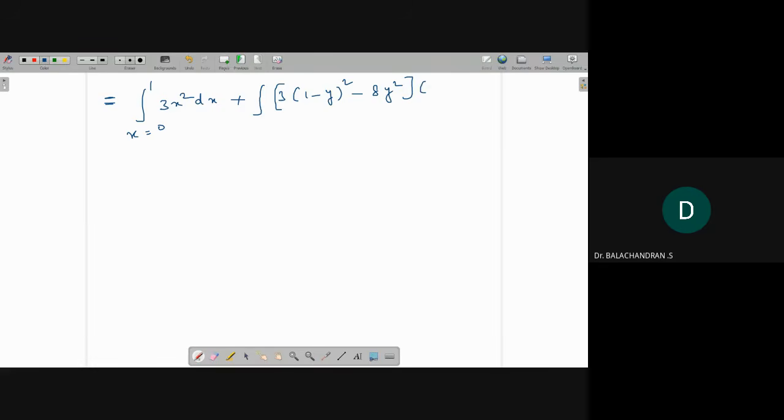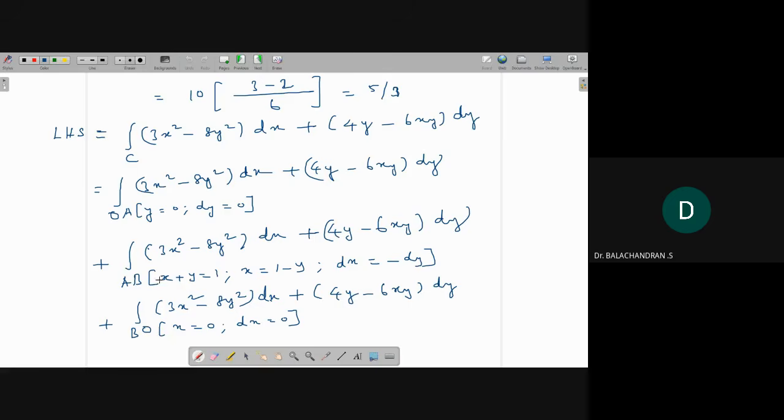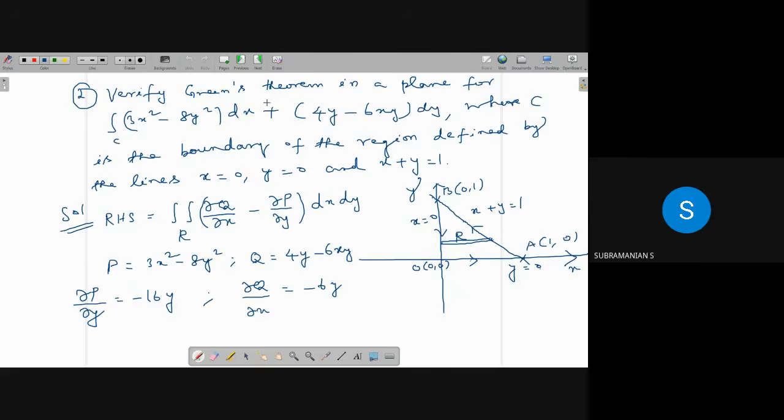Minus dy, plus 4y minus 6 into x into y, x is 1 minus y, so 6 into y into 1 minus y into dy. Okay, correct. Here everything is in terms of y.